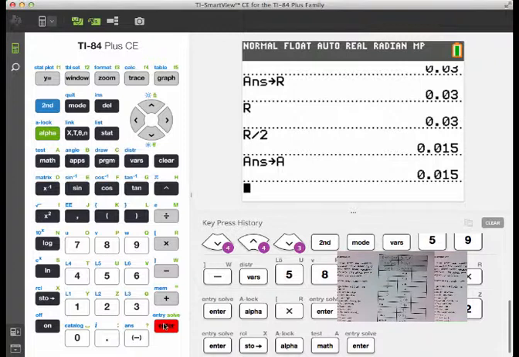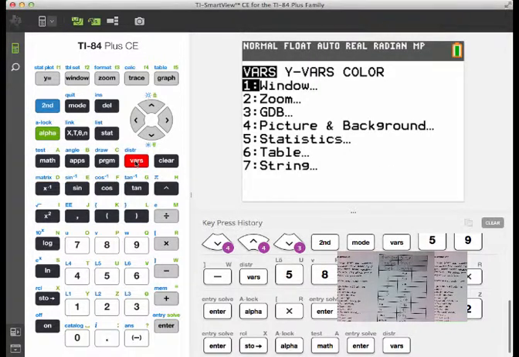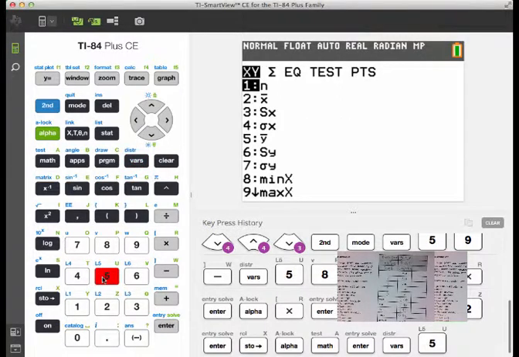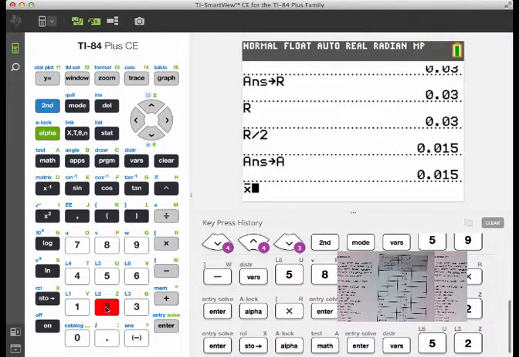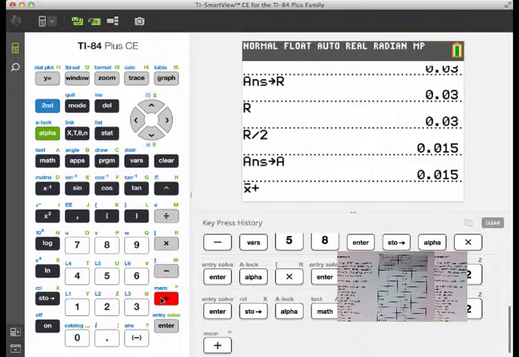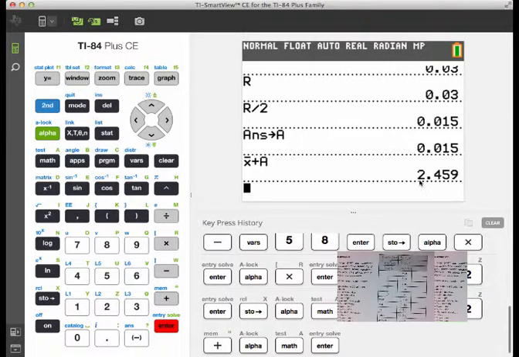So the upper limit in this case is going to be the mean plus the absolute uncertainty. So the mean is already stored as vars, that's number 2. So the mean plus alpha A, the absolute uncertainty, and we get 2.459. Now notice that this 9, because we kept it unrounded, would cause this to go up to 6.